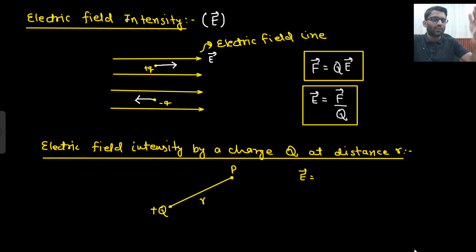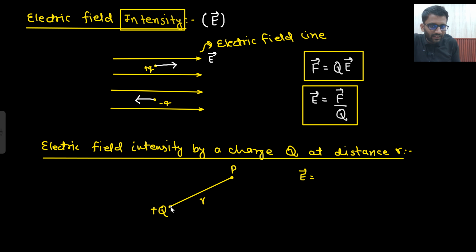In the presence of electric field lines, the amount of force applied on a 1 coulomb charge will be equal to the electric field intensity. This word is important: intensity. In the presence of electric field lines, on a 1 coulomb charge, how much force is applied? That is equal to the electric field intensity.